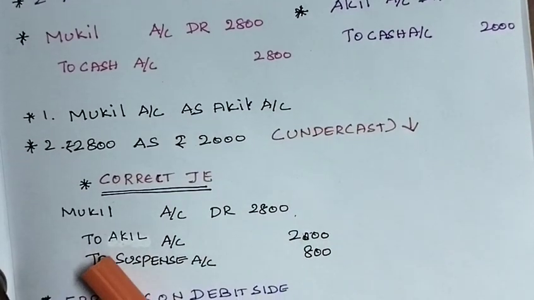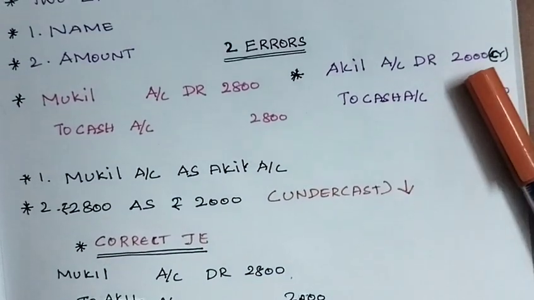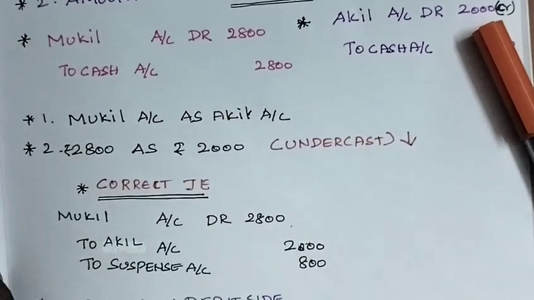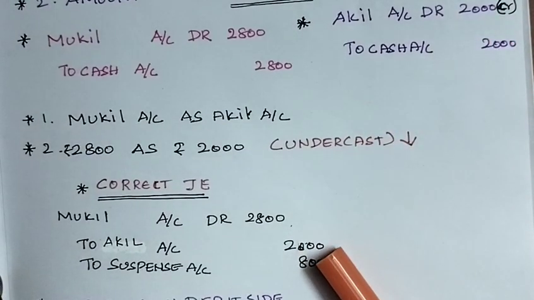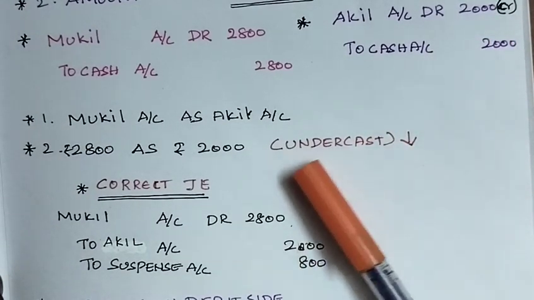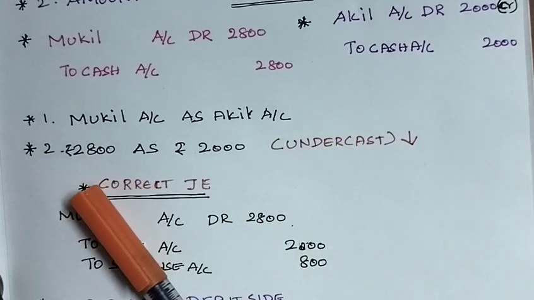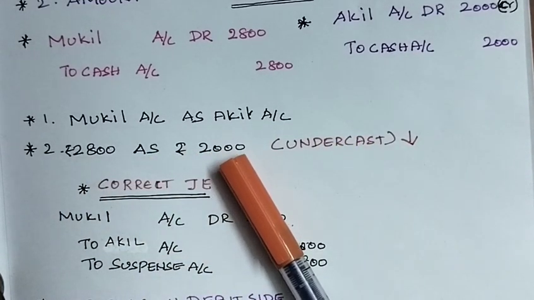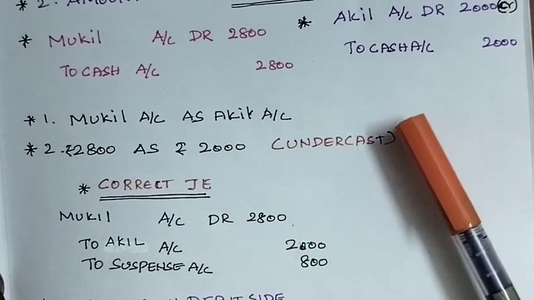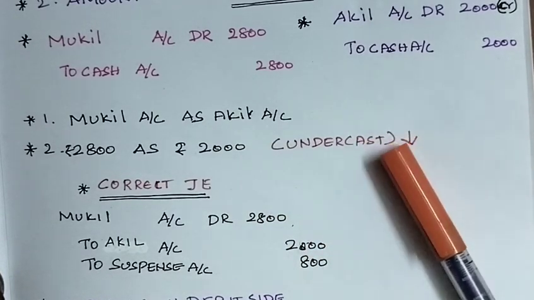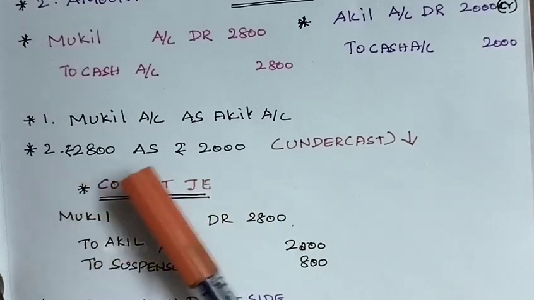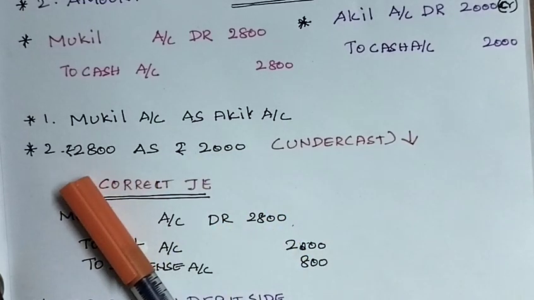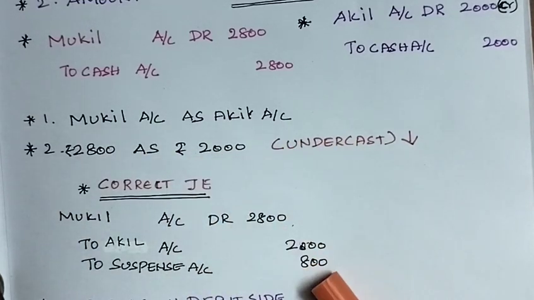So to Akhil's account, how many rupees? 2000 rupees. We enter 2000 rupees on the credit side. Okay, so this is the under cost. Instead of 2800, they entered 2000. This is under cost, 2000 decreased. How many rupees decreased? We have to subtract 2000 from 2800. 800 rupees decreased.